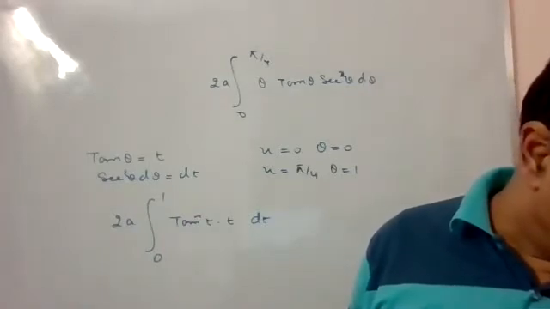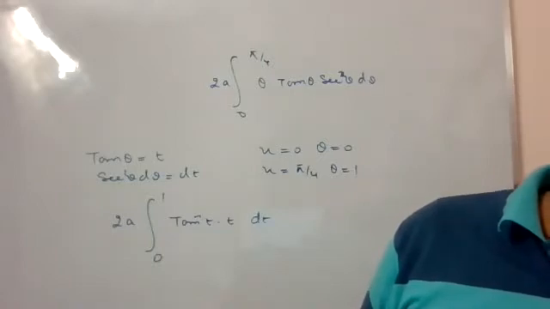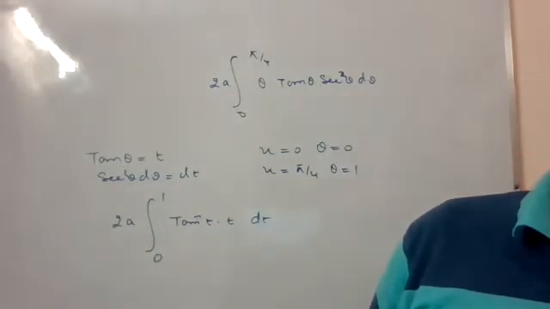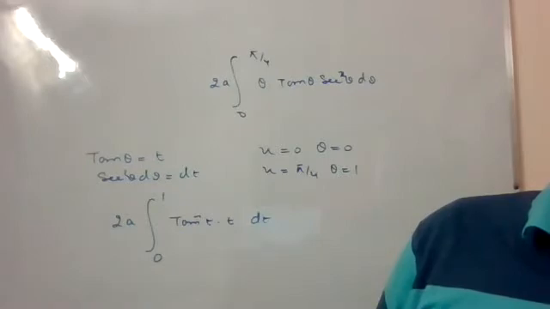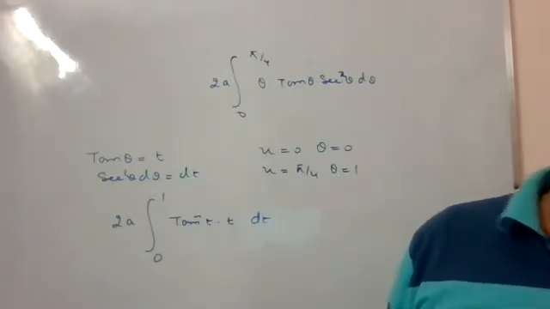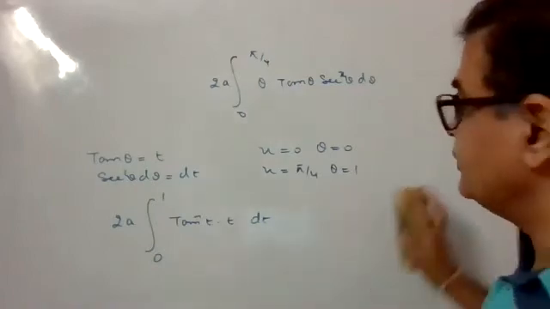Sir, sin cube of x multiplied by 1 plus 2 cos x multiplied by 1 plus cos x whole square, integration 0 to pi.